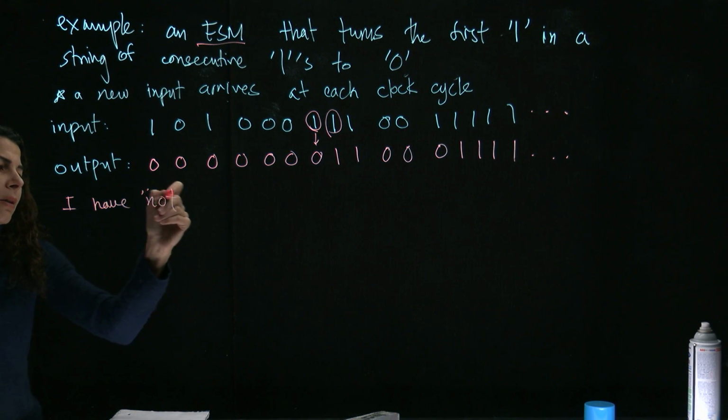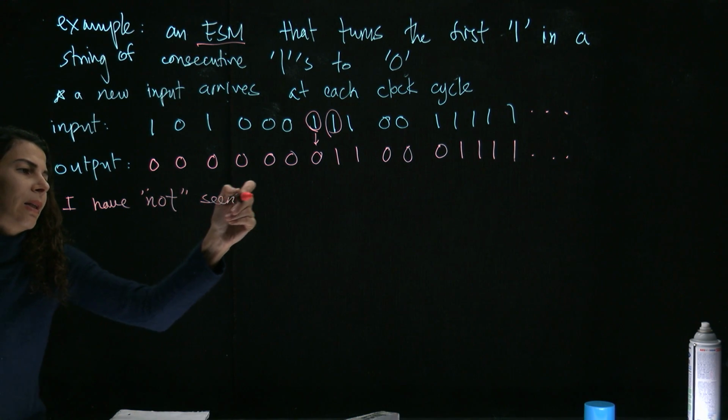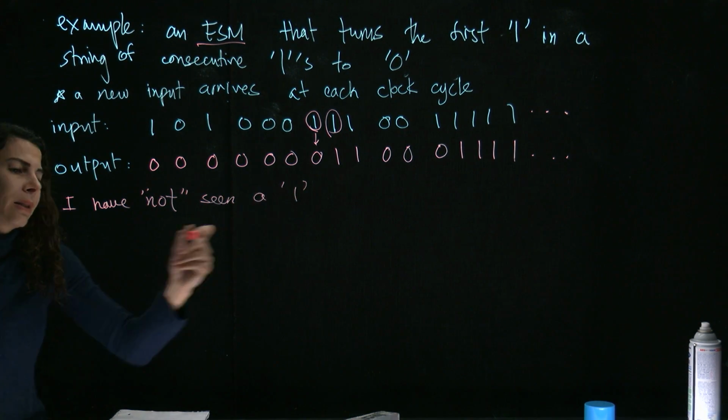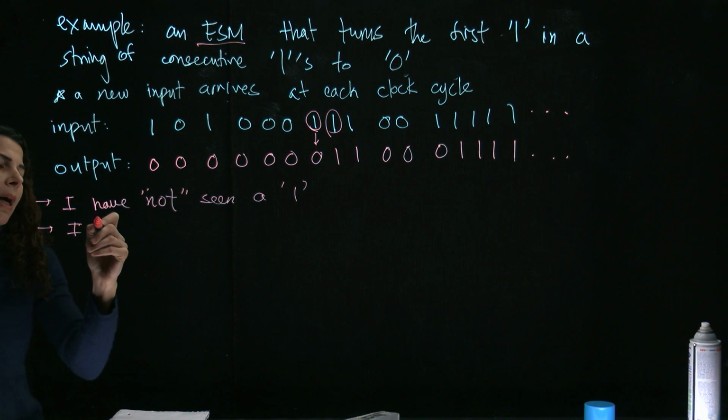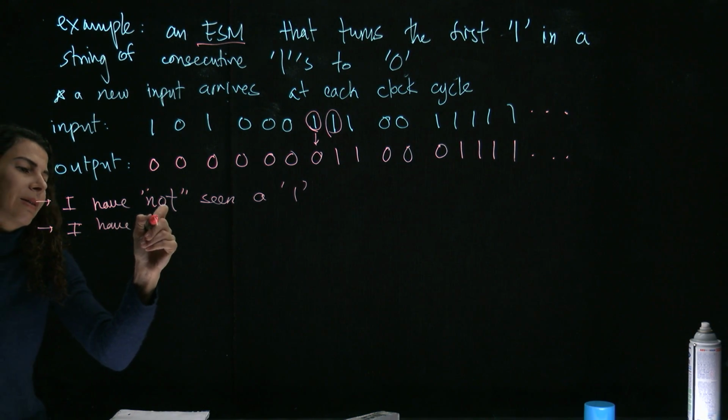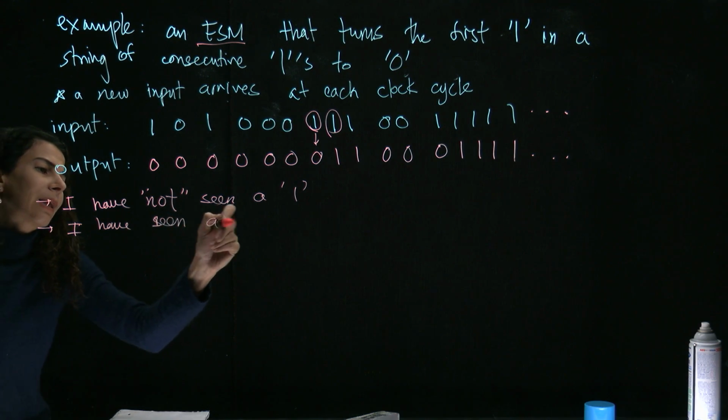not seen A1. Then another state would be I have seen a single one.